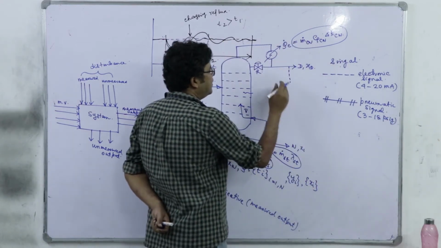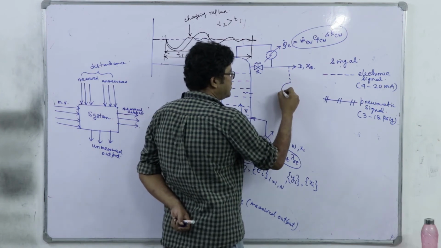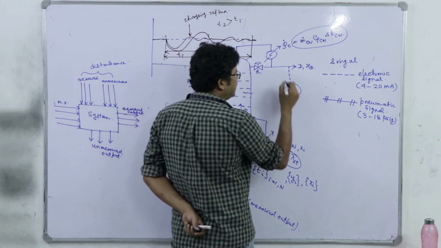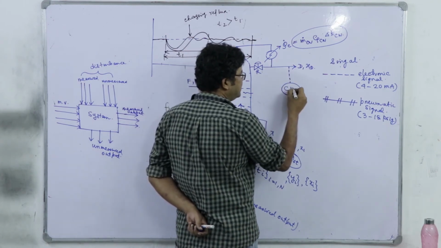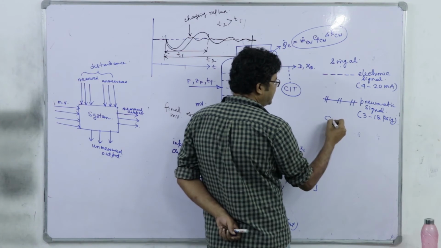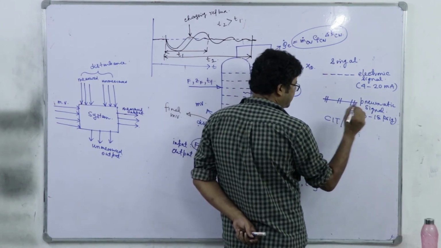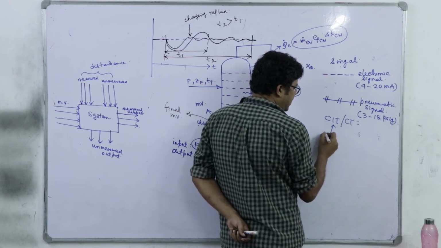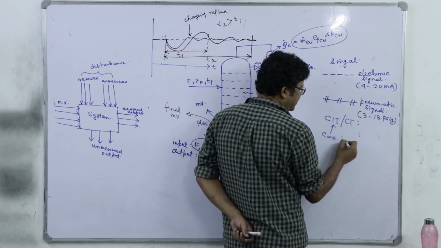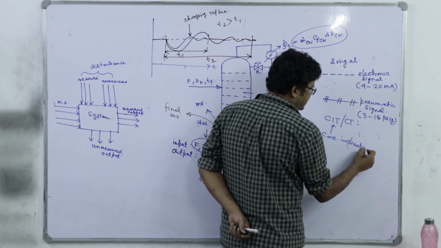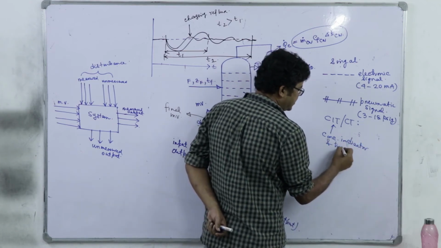So, what are we doing first? We are measuring it and we are transmitting that signal. And we are measuring concentration, so it will be CIT. What is CIT? Or it may be CT as well. It may not be displaying that. CIT stands for concentration indicator and transmitter.